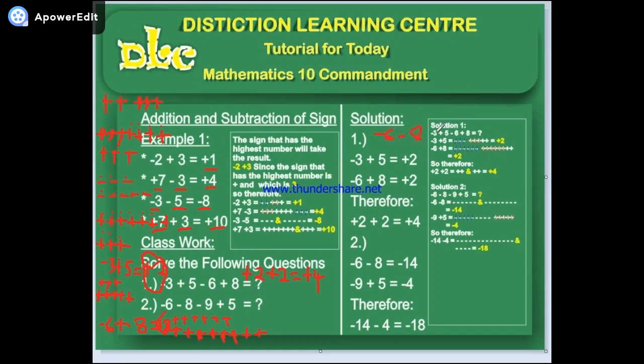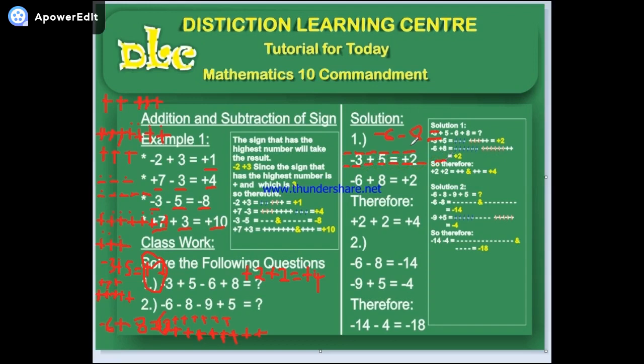So you are going to count minus 6: 1, 2, 3, 4, 5, 6, and count another minus 8: 1, 2, 3, 4, 5, 6, 7, 8.